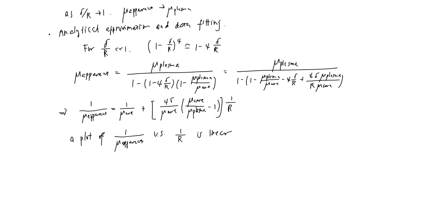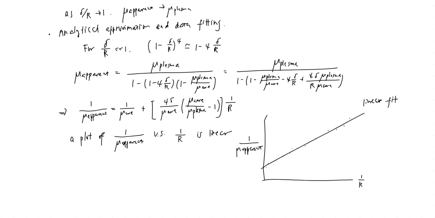So if you plot 1 over mu apparent versus 1 over R, it is a linear line. Linear fit. Then you get a slope, and then you get a y-intercept.